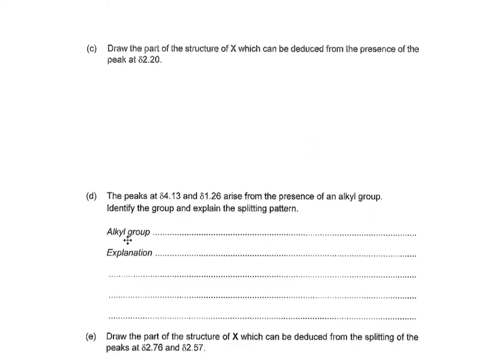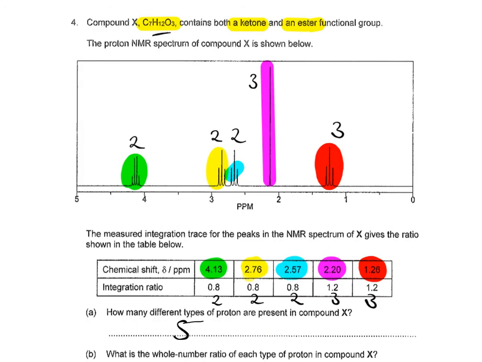The next part of the question is asking for the part of the structure which can be deduced from the peak at 2.2. So here we are, the peak at 2.2, and we know its integration is 3, so that's been caused by 3 equivalent protons.